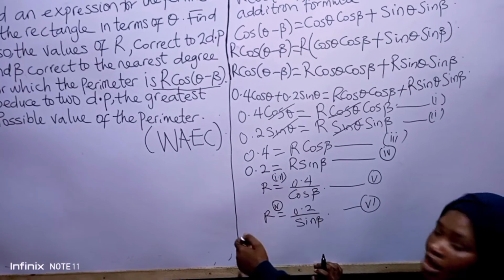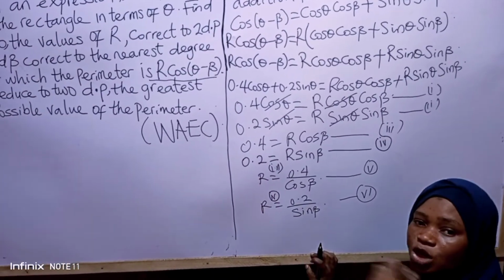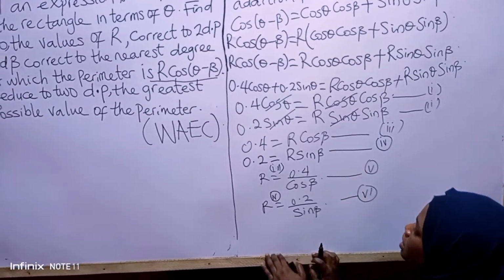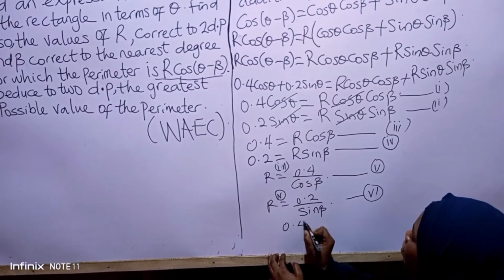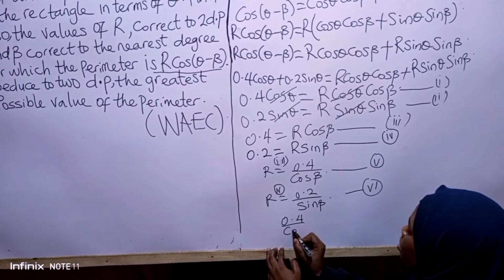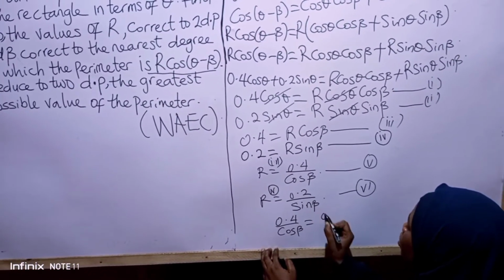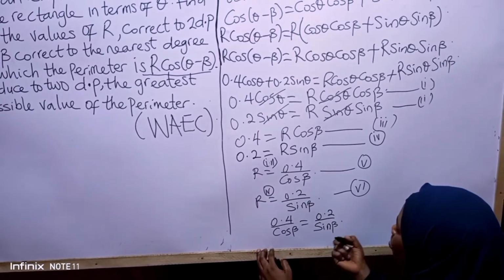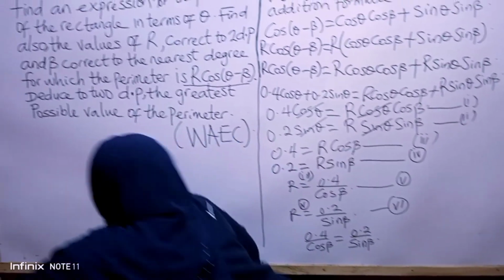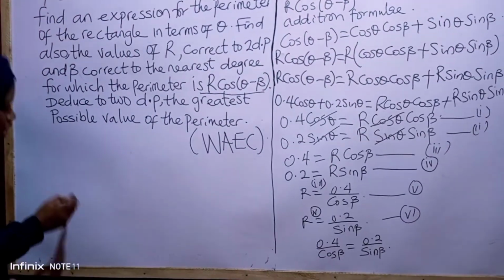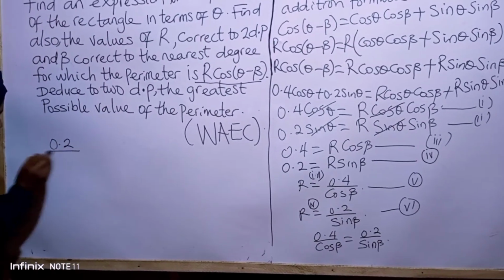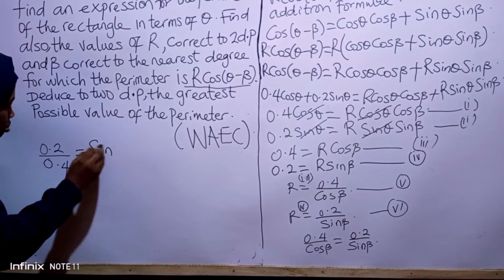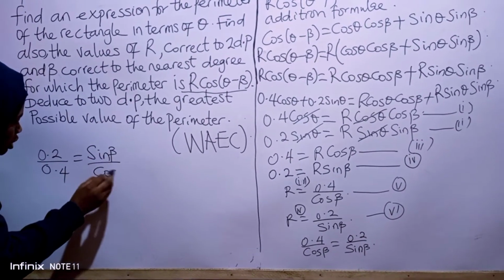Since they have the same R, we can equate equation 5 and equation 6. So we can say that 0.4 over cos beta is equal to 0.2 over sin beta. From here, we have 0.2 over 0.4 is equal to sin beta over cos beta.